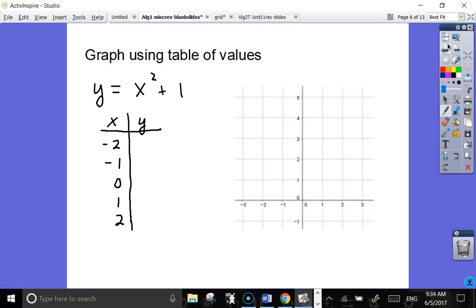Okay, and then how do I find the y values that go with that? You just plug them in, right? So in this case, -2 squared is 4. 4 plus 1 is 5. -1 squared is 1. 1 plus 1 is 2. 0 squared plus 1 is 1. And then because this is symmetric, it should go exactly the same on the other side.